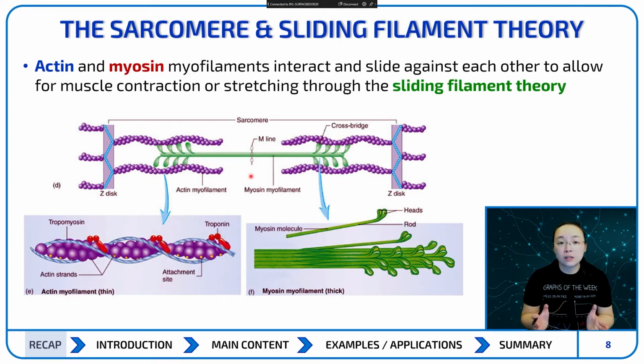Because this is a contractile unit, the goal is to get the actin and the myosin filaments to cross over each other. The more they cross over, the more contracted your muscle is, and the more relaxed and farther apart they are, the more relaxed your muscle is. So understanding how they form these cross bridges and how they generate that stroke to move the actin closer to the M line would be very important.